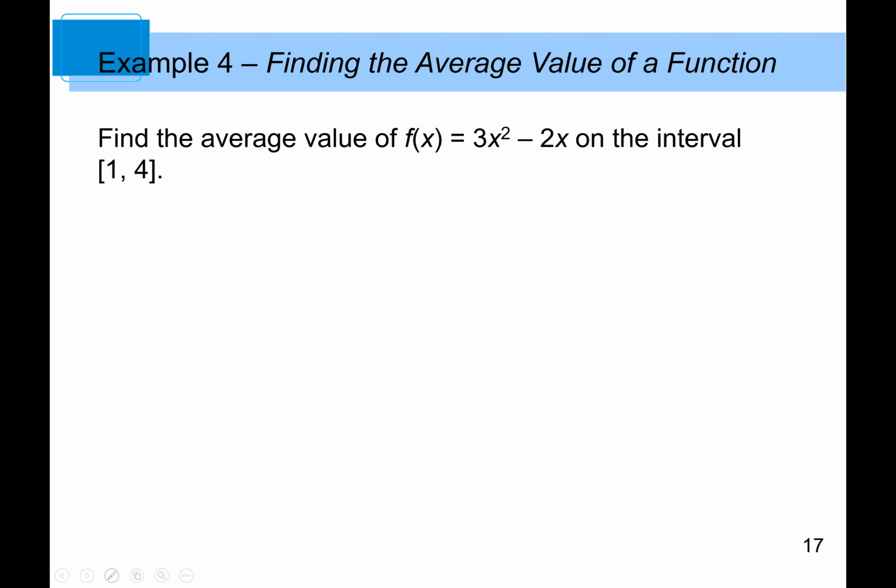And let's take a look at an example. Find the average value of f of x equal to 3x squared minus 2x on the interval 1, 4. Alright, so let's write down the formula.